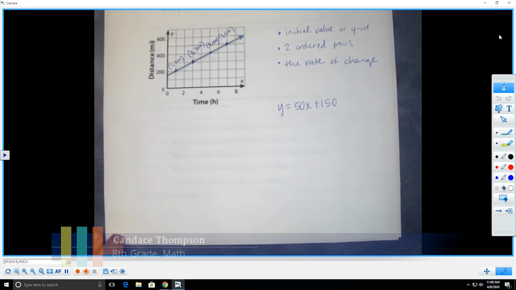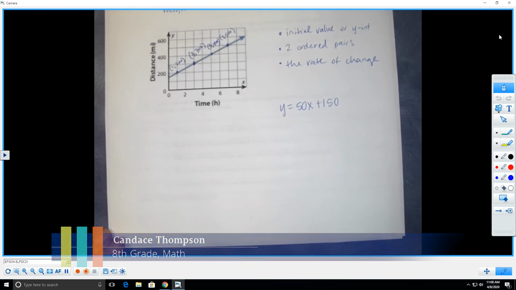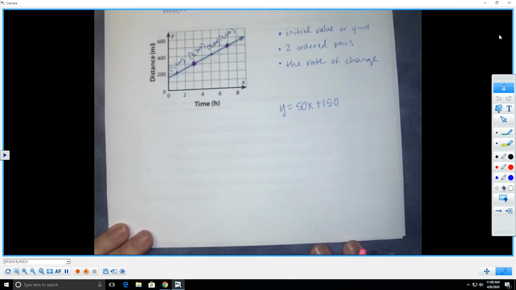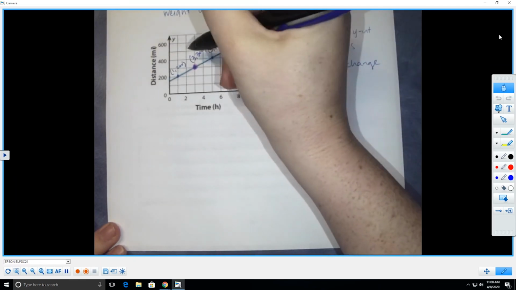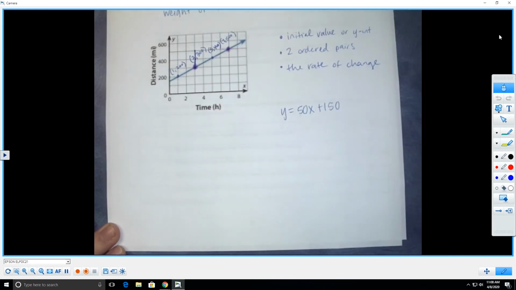Let's start with finding the rate of change or the slope. I'm going to use the ordered pairs that I saw first, which was at 300 and 500. So remember that the slope is the change in y values, or the rise, over the change in x values, or the run. So I rise from 300 to 500, which would be a grand total of 200.